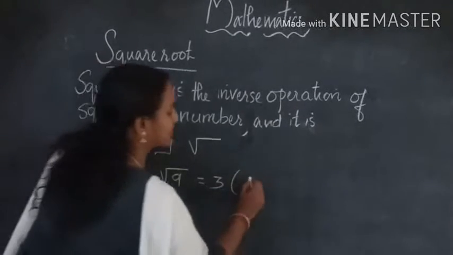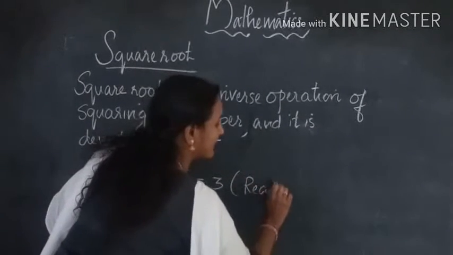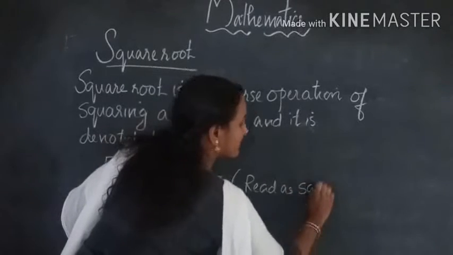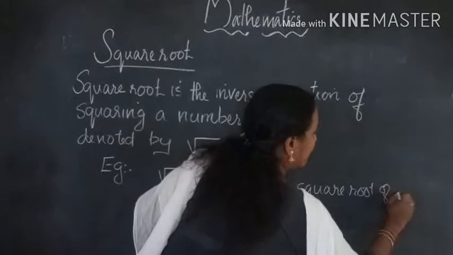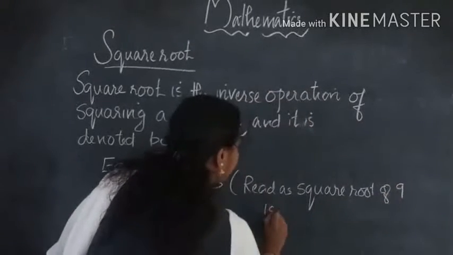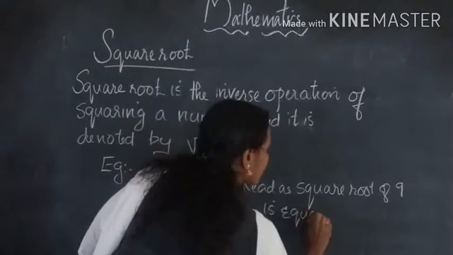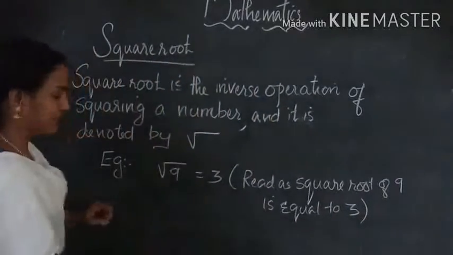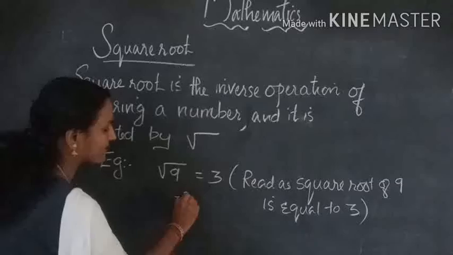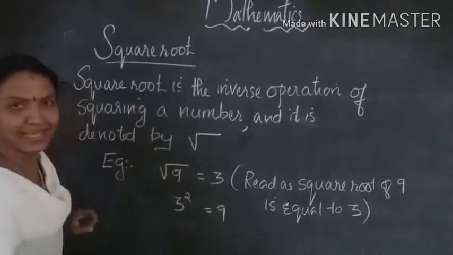Square root of 9 is equal to 3. 3 square is equal to 9.